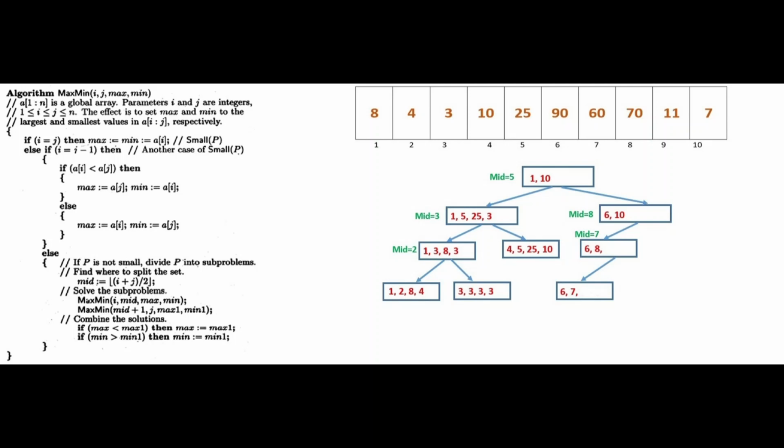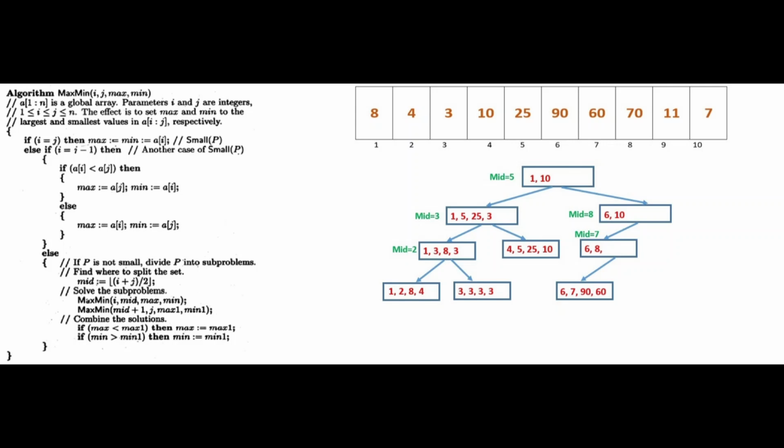Max equal to a of I, max equal to 90, min is equal to 60. That is, we assign 90 to max and 60 to min.